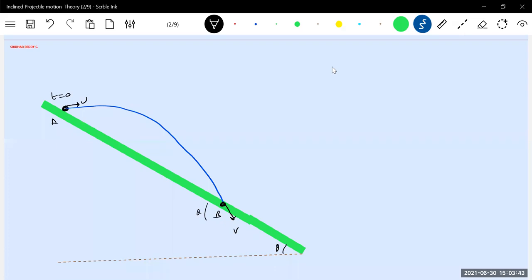So what do you mean by along the incline? This direction, and another is perpendicular. I'm bringing in a unit vector, and this is called parallel. In the books, they have made these the x-axis and y-axis, but let's not disturb x, because we know the x-axis is horizontal and the y-axis is vertical. So I'll call them parallel to incline and perpendicular to incline.